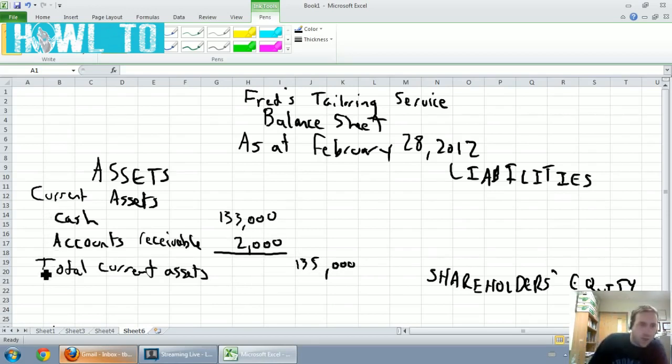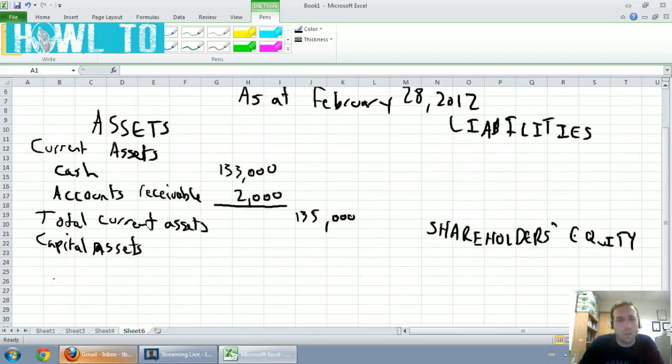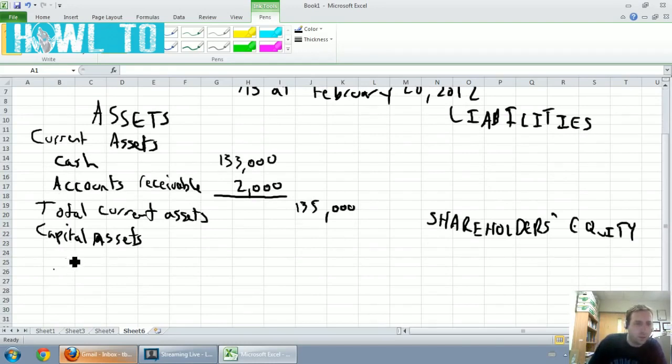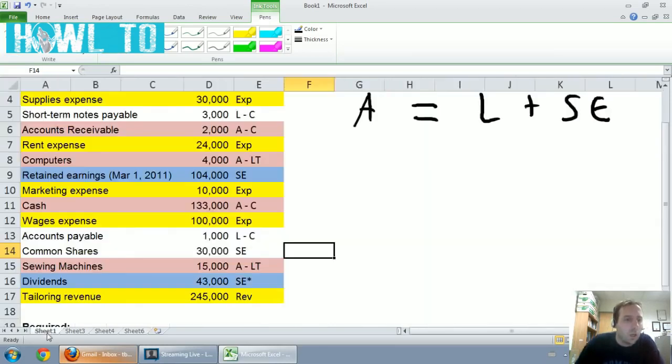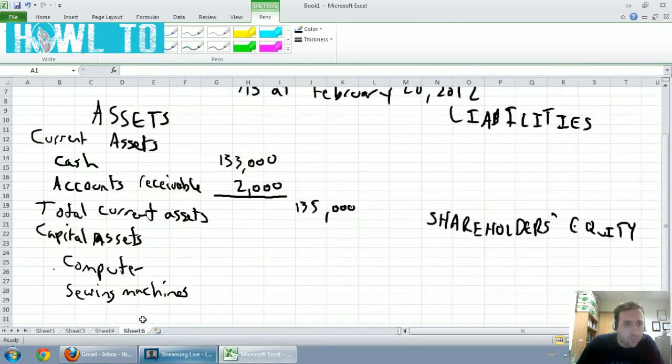We also said we have capital assets. First is our computers, and next is going to be our sewing machines. Our computers were worth $4,000 and our sewing machines $15,000.